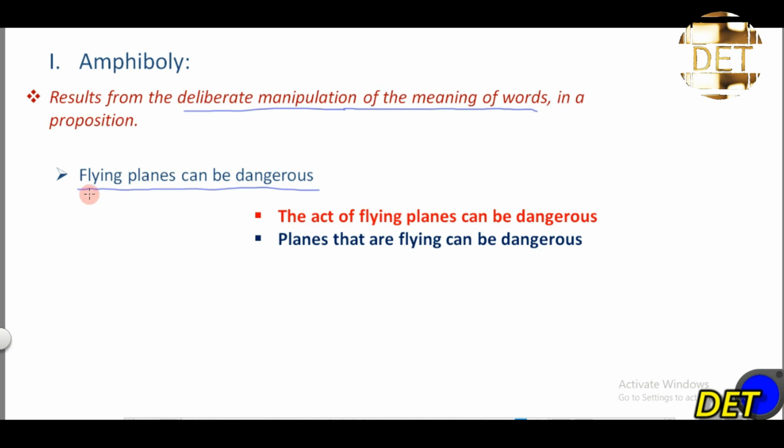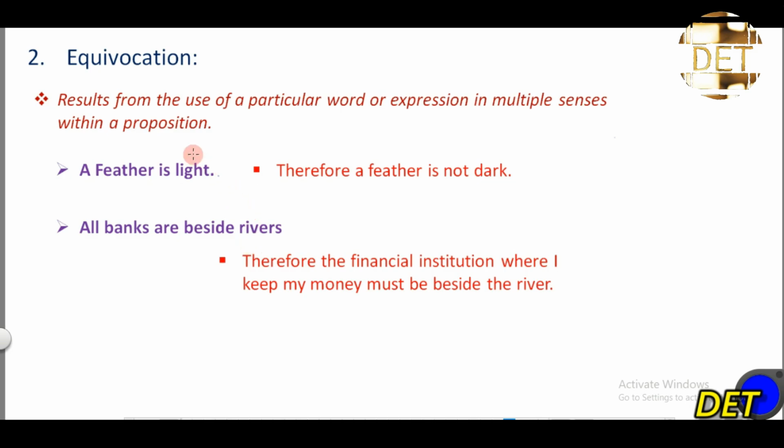For example, in this proposition, flying planes can be dangerous. It can mean that the act of flying planes can be dangerous, or planes that are flying in air can be dangerous, right? So it means two different things. So this is fallacy of what? Of amphiboly.